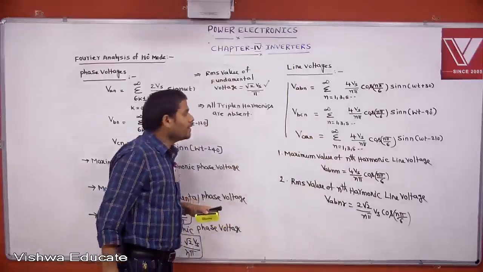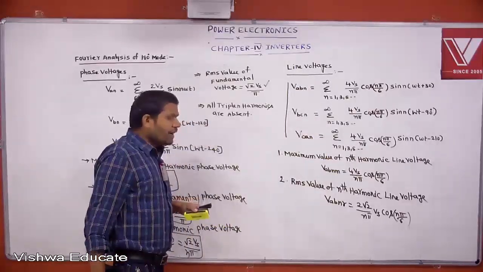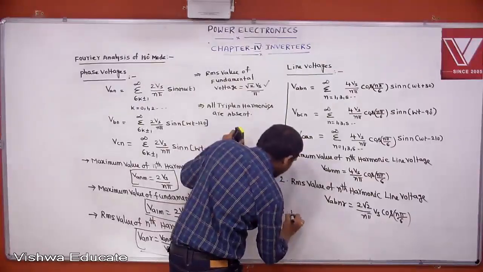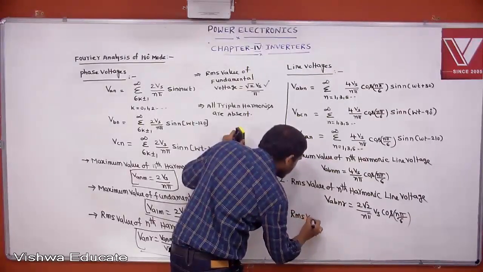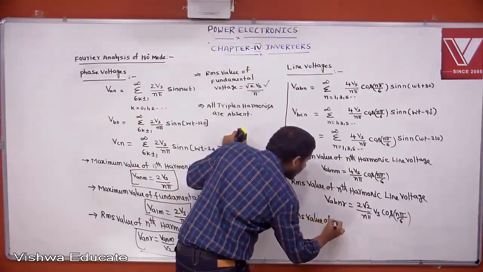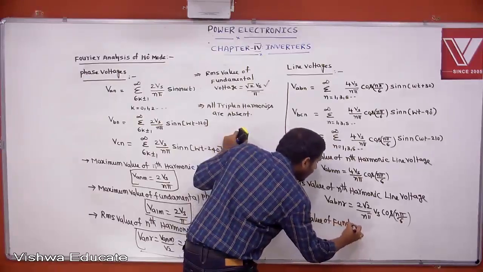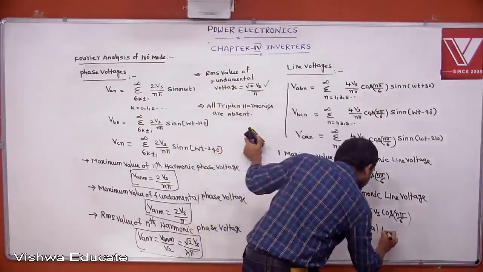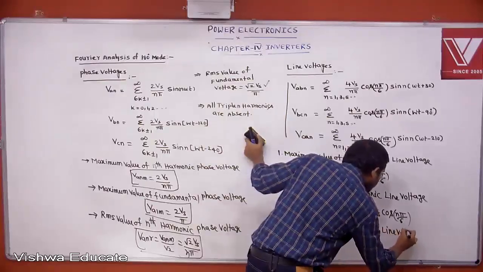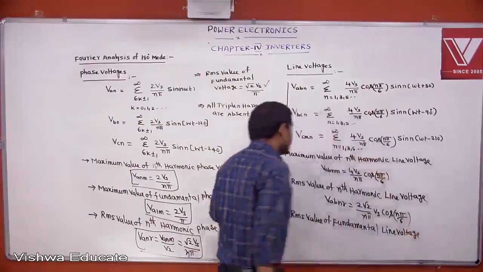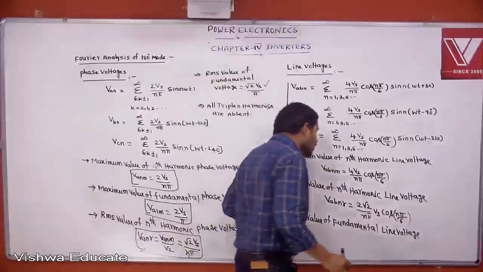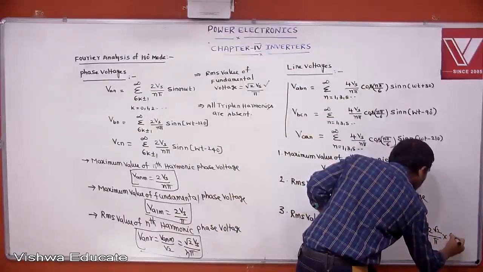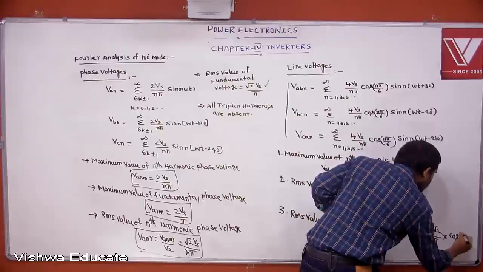Yes. What is the RMS value of fundamental line voltage? You substitute n equal to 1, then what do you get? 2 root 2 by pi into cos 30.